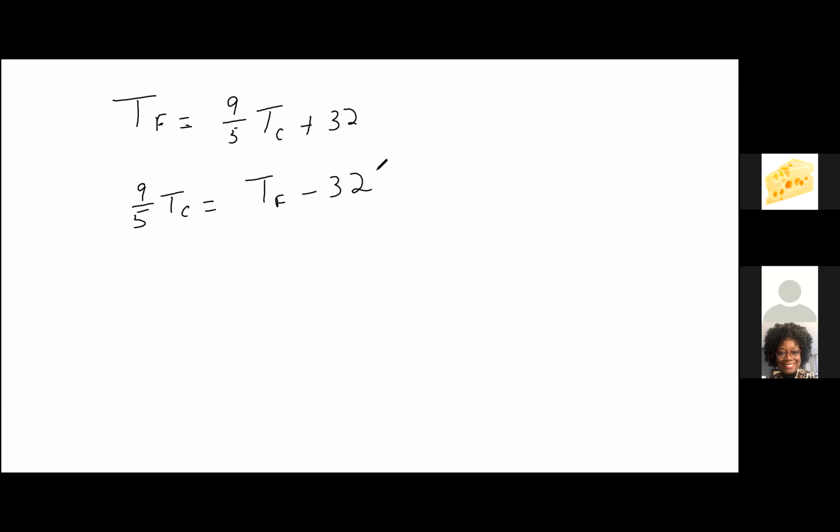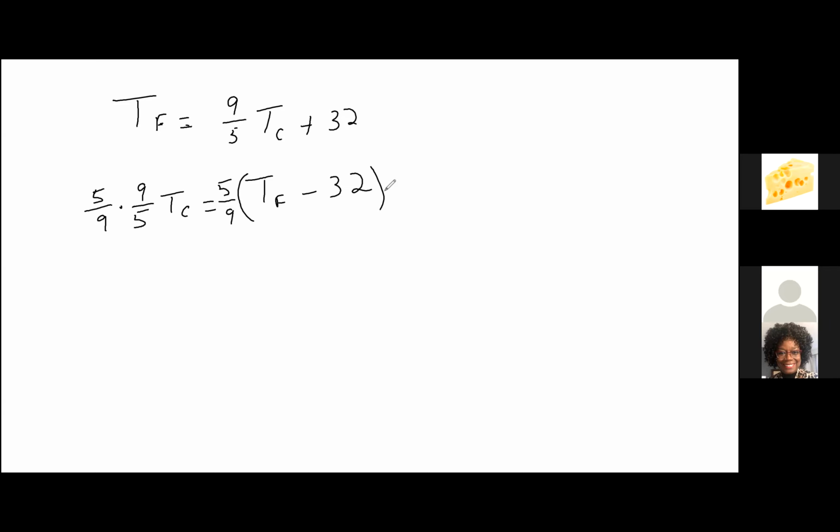Now I want to get temperature Celsius by itself. So that means I must multiply the other side by the reciprocal of this number. This number is 9/5. Its reciprocal is 5/9. So when I multiply 5/9 on the other side, be very careful to put the parentheses first because I'm multiplying 5/9 by everything on this side.